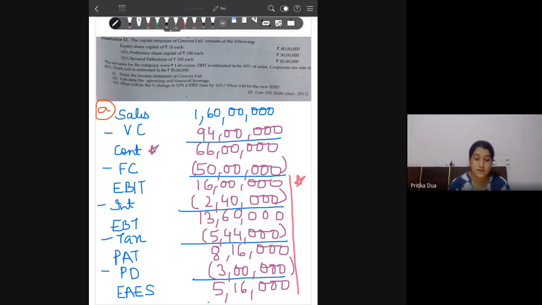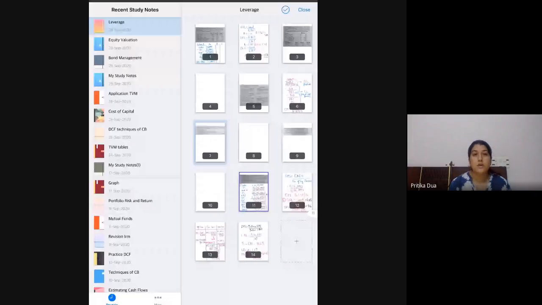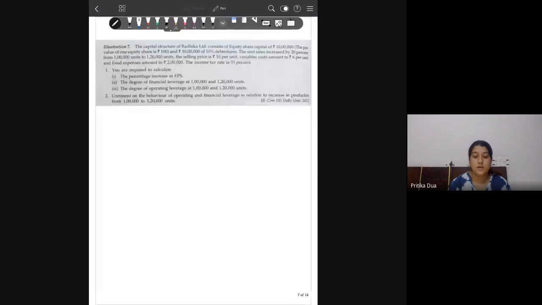So let's take this question. We're given the capital structure of a company which is consisting of equity share capital of 10 lakh and 10 lakh of 10% debentures. The unit sales increased by 20% from 1 lakh units to 1 lakh 20,000 units, and then you are given the selling price, variable cost, fixed expenses.